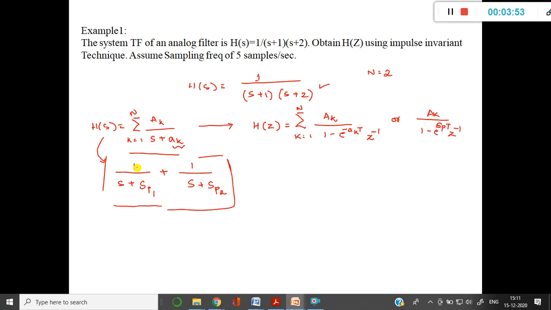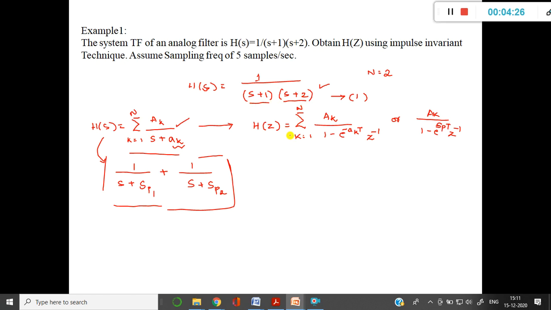Now, until and unless I have the roots, I cannot use the direct equation to write H(z), which will be in this form. But it is in factored form, so I need to go for factorization of equation number 1. Let me assume this is equation number 1.